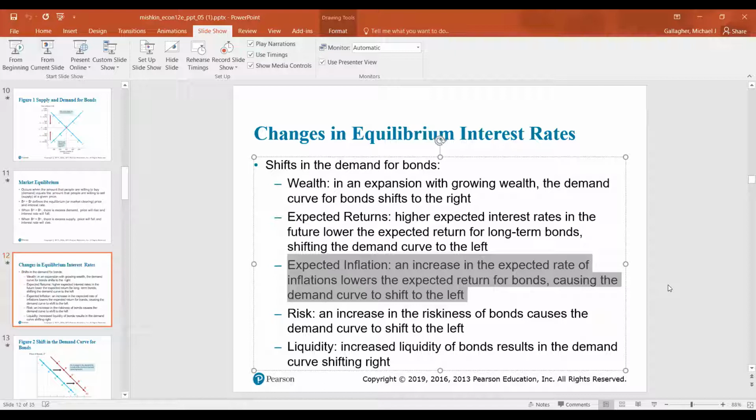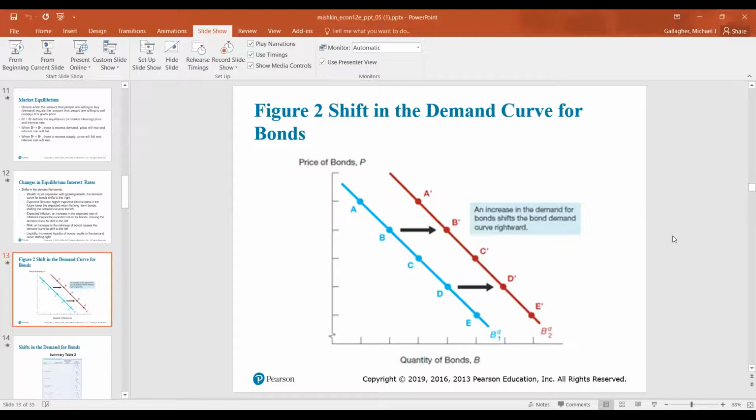So if we have a lot of inflation, you're going to see your house price appreciate significantly. The relative rate of return on a bond would be less, thereby shifting the demand curve to the left. Does that make sense to everybody? Anybody have questions about that?